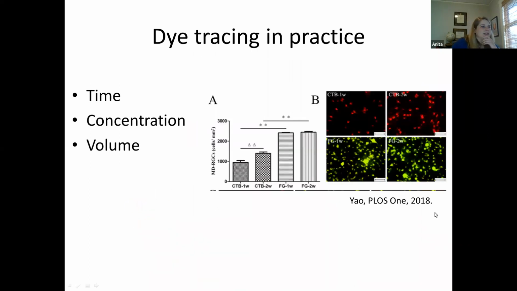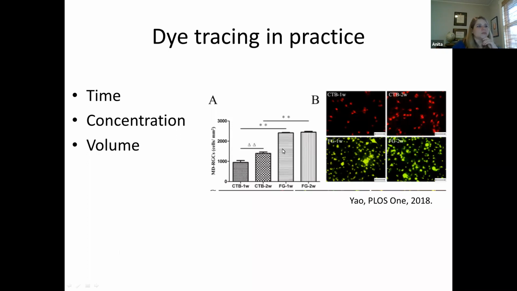I don't have a lot to say in terms of using them in practice, other than a lot of it has to be empirically determined, unfortunately. Based on how long the projection is that you're trying to trace, and how many you might be trying to trace at the same time, you're going to have to figure out how long you need to let your dye retrogradely travel.